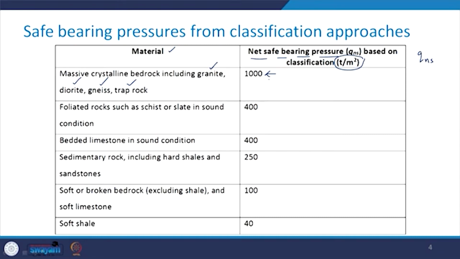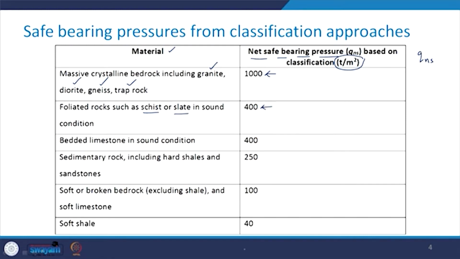The second case deals with foliated rocks such as schist or slate in sound condition, and the corresponding value of net safe bearing pressure can be taken as 400 ton per meter square.